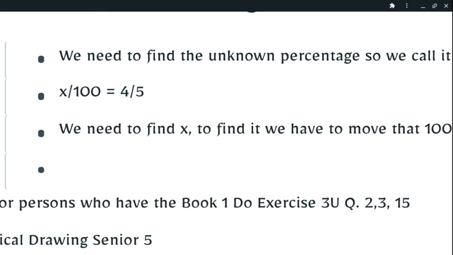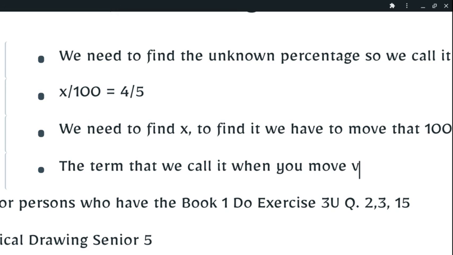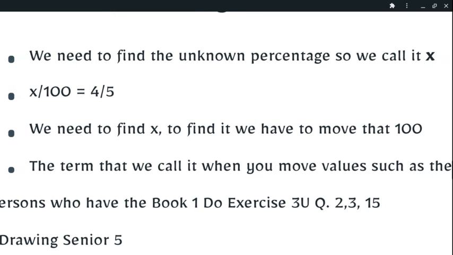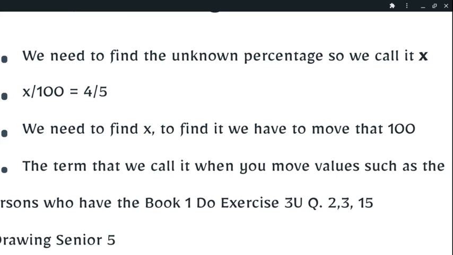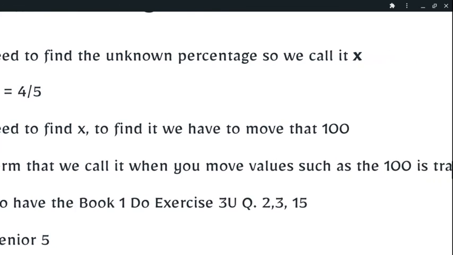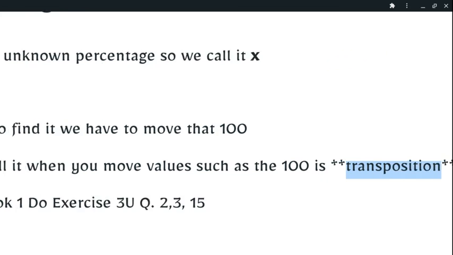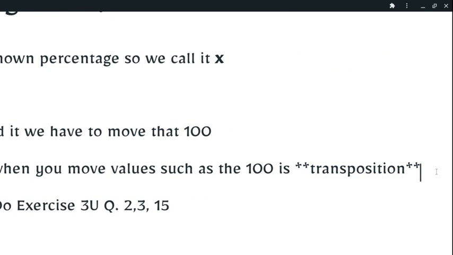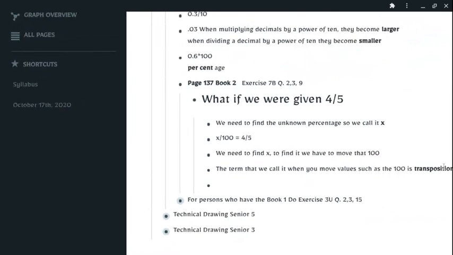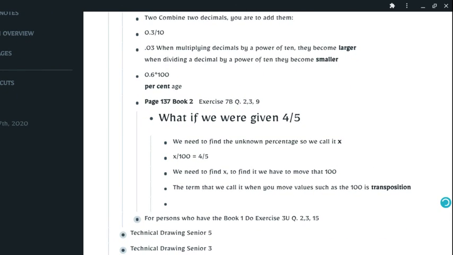The term we use when you move values such as the 100 is transposition. The big word is just a math term, but you simply say we're moving it. Getting it out of the house. It's 18 years old. It can move out now, right?